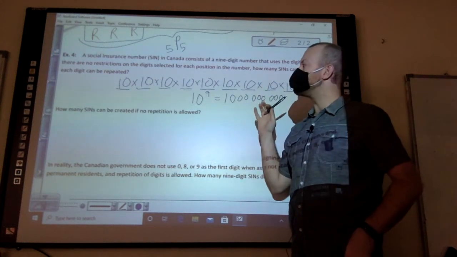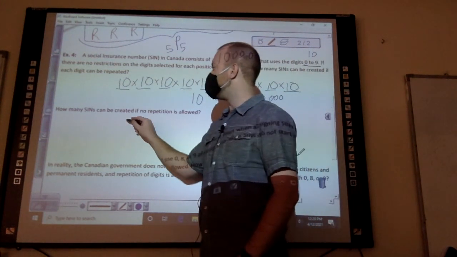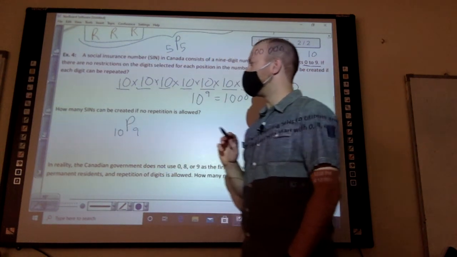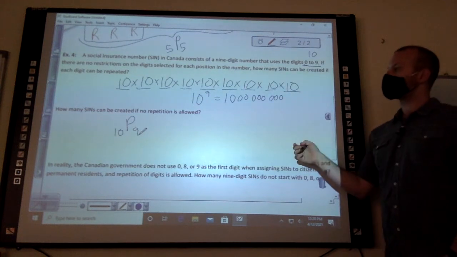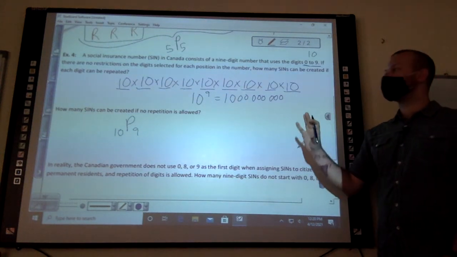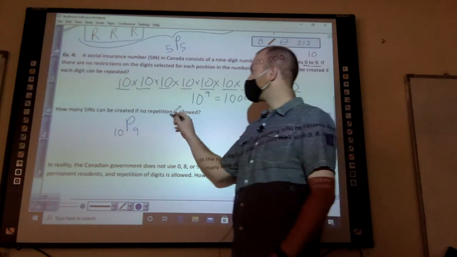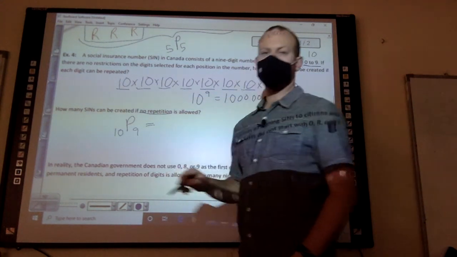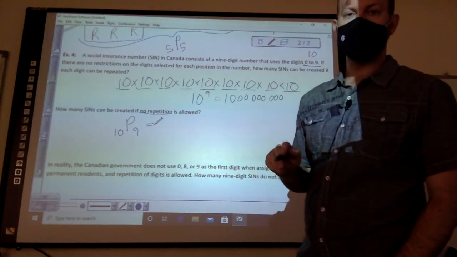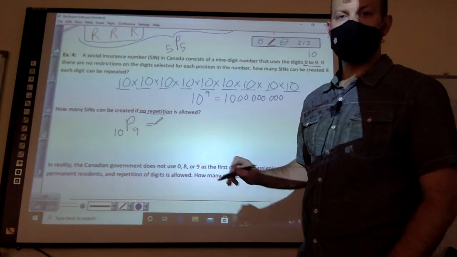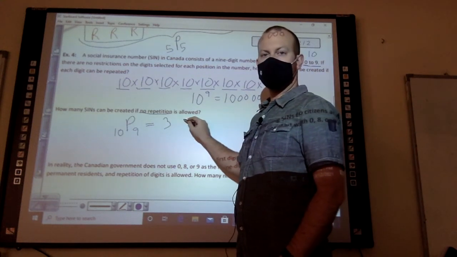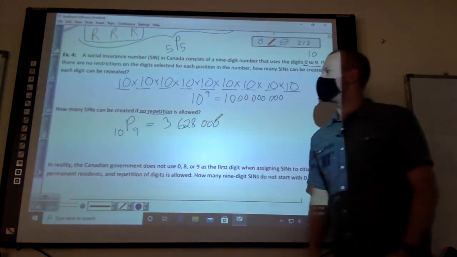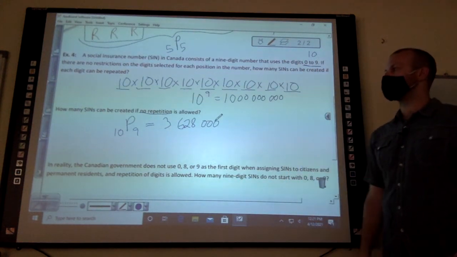And because of that, I can now use this permutation equation where I have 10 and I want 9. I can use this anytime there's no repetition, to make my life easier. So if you plug that in your calculator, you will get 3,628,000 different options. So it gets a lot smaller.